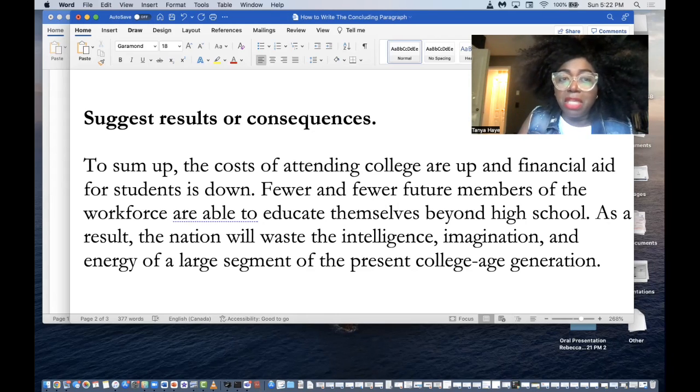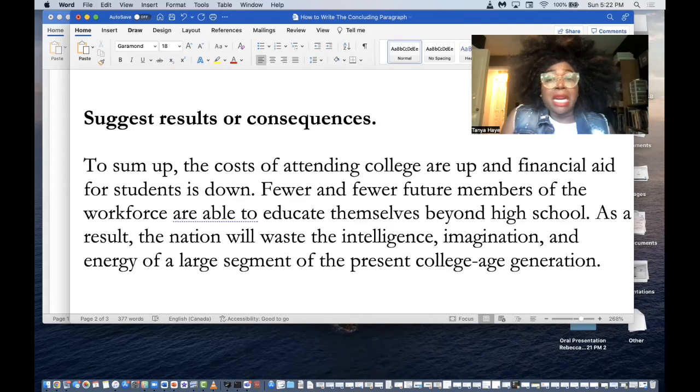To sum up, the costs of attending college are up and financial aid for students is down. Fewer and fewer members of the workforce are able to educate themselves beyond high school. As a result, the nation will waste the intelligence, imagination, and energy of a large segment of the present college-age generation. So here you see they're telling you what could be the result.